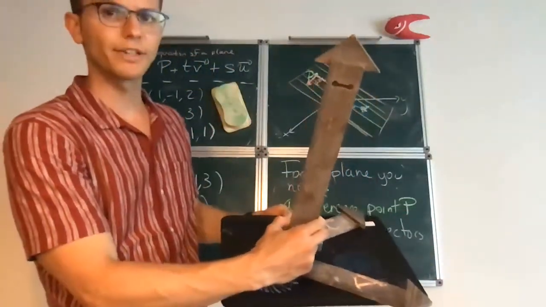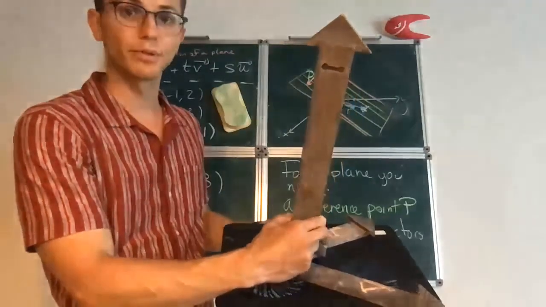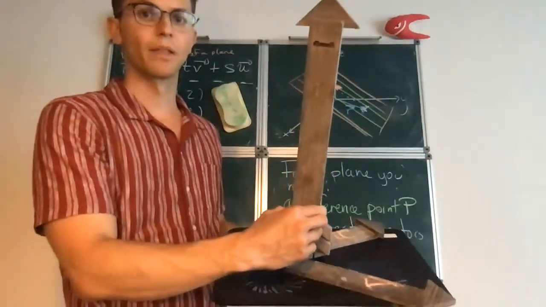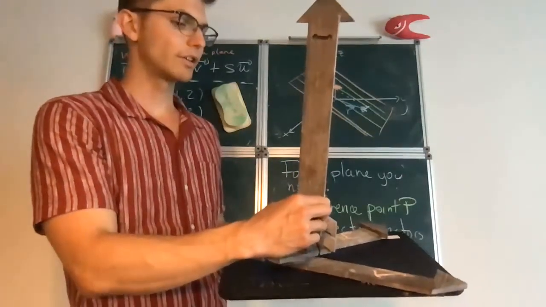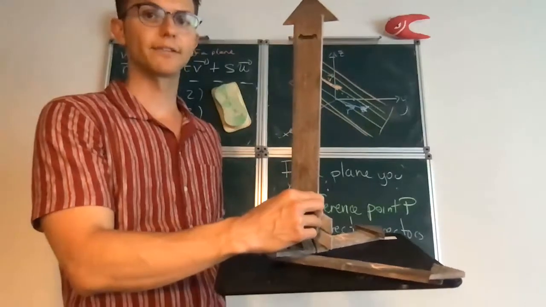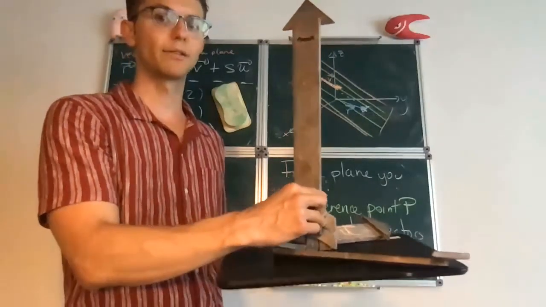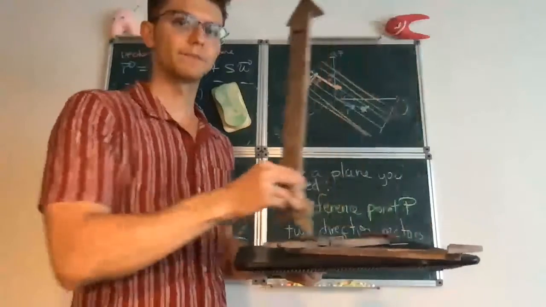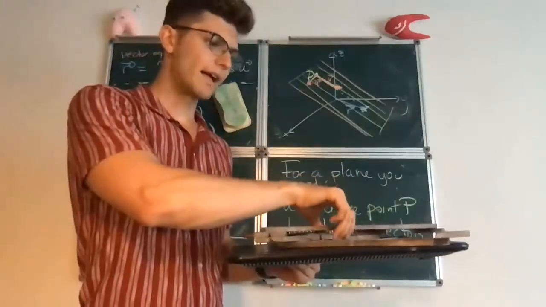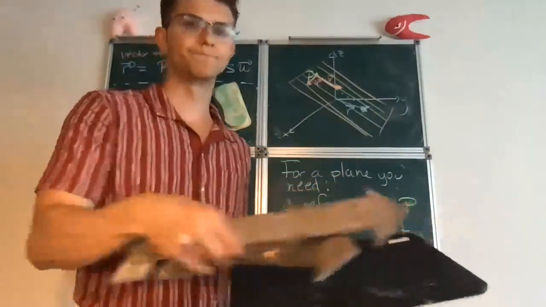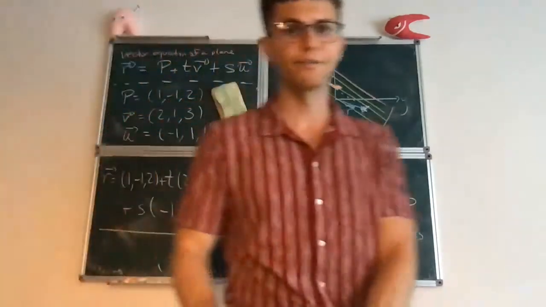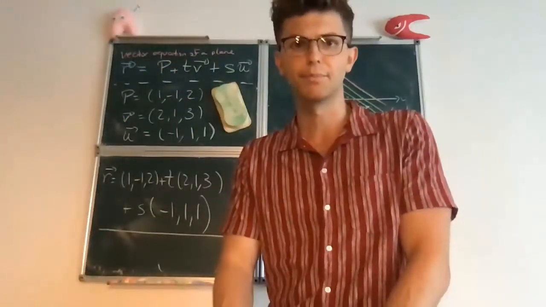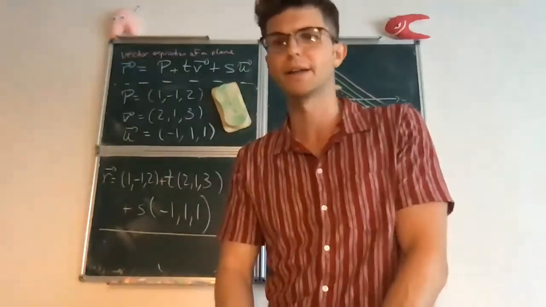Given two direction vectors, you could take their cross product, because remember that the cross product is perpendicular to the original vectors. So the cross product of these two direction vectors will specify a vector that's perpendicular to every point on the plane. And that, together with the information about the reference point, suffices to know completely where that plane is supposed to be located in space.